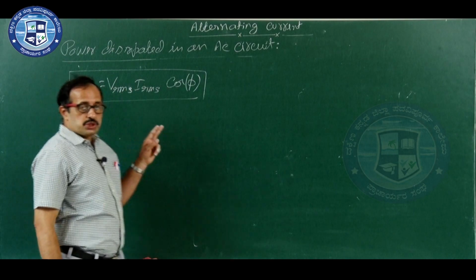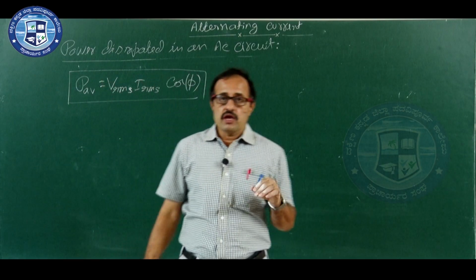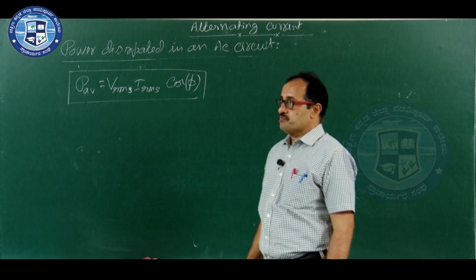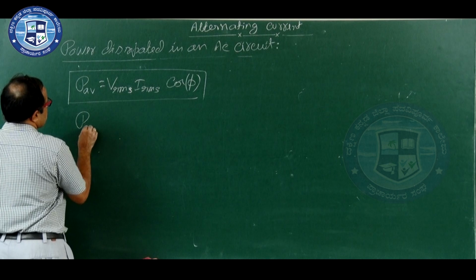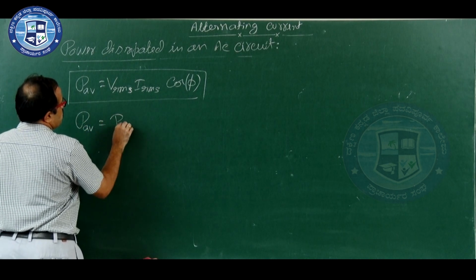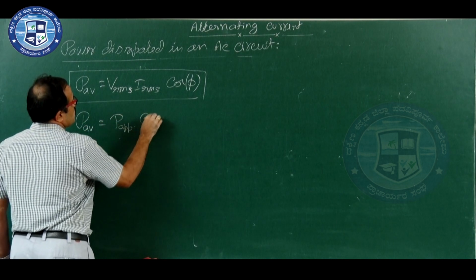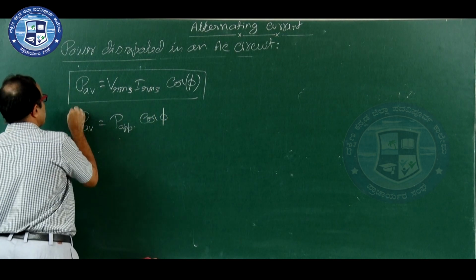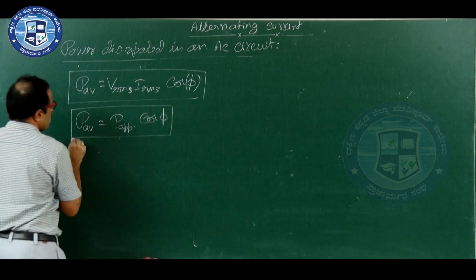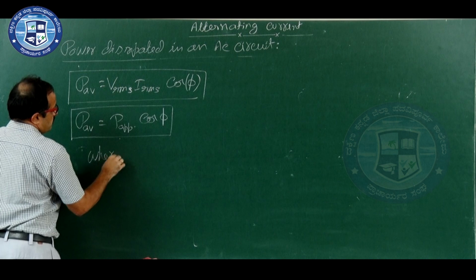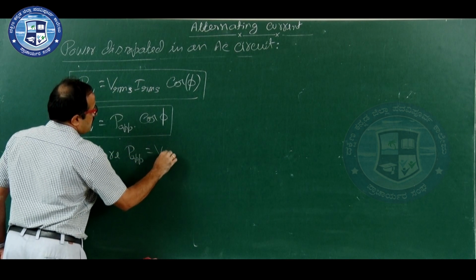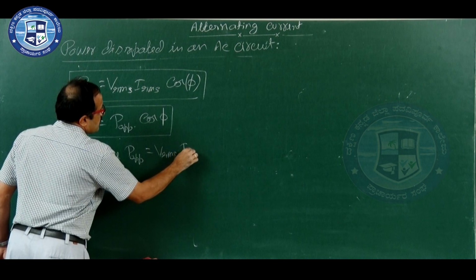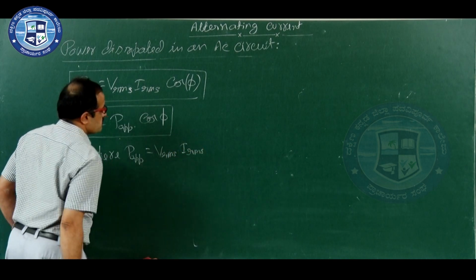VRMS into IRMS is also known as apparent power consumption. So, P average equal to P apparent into cos phi, where P apparent equal to V RMS into I RMS.